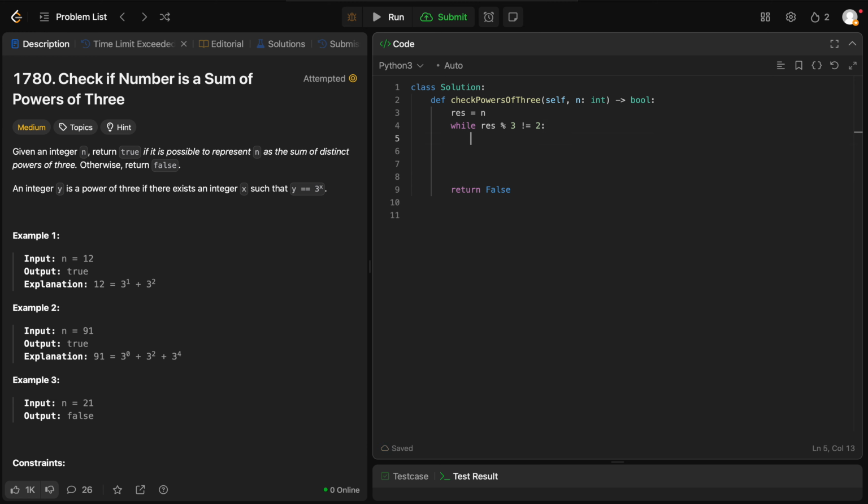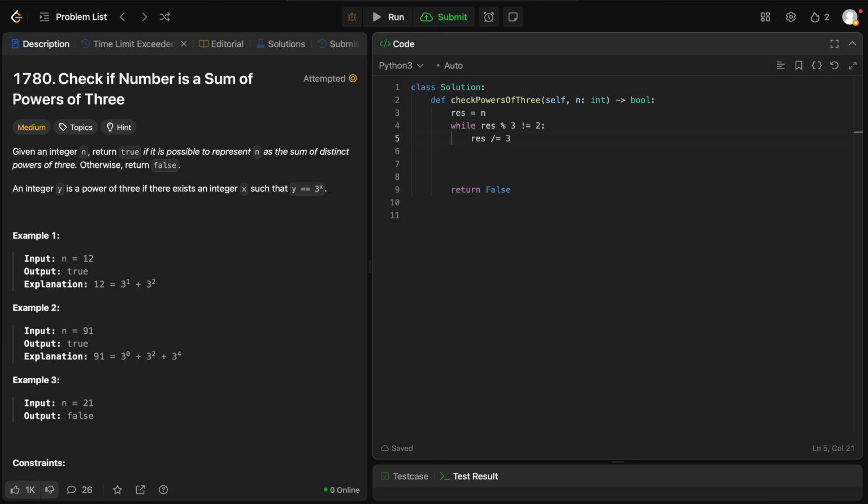So res is... by 3. Is this true or am I missing?